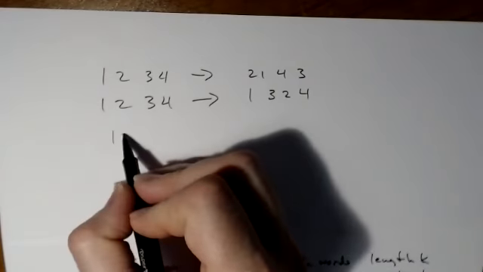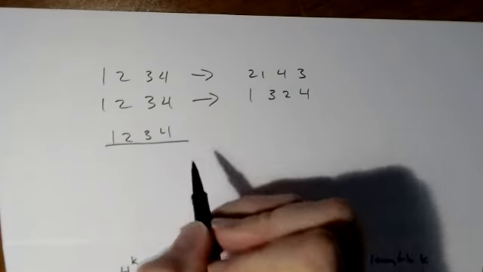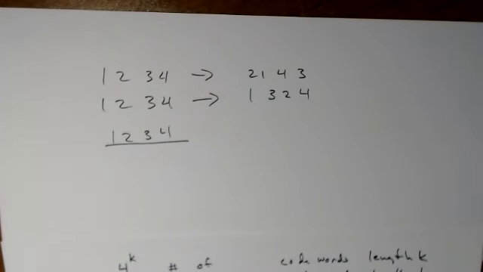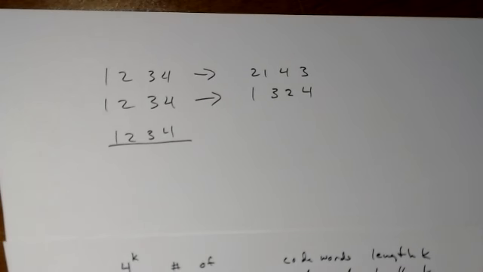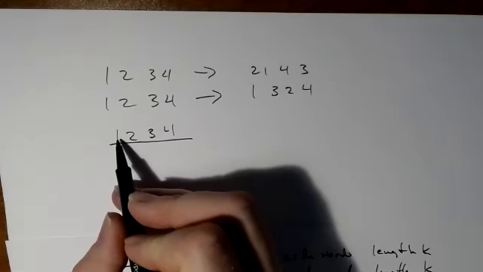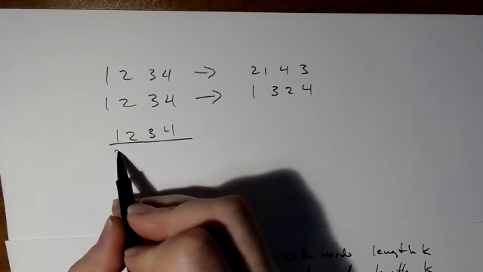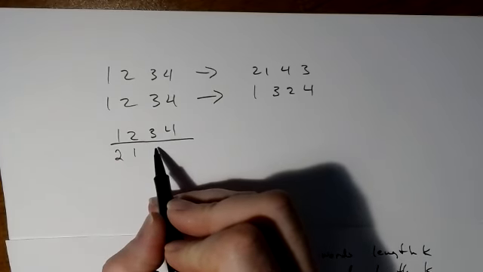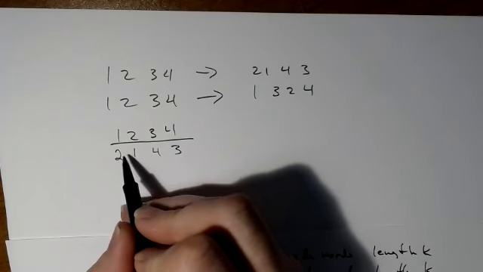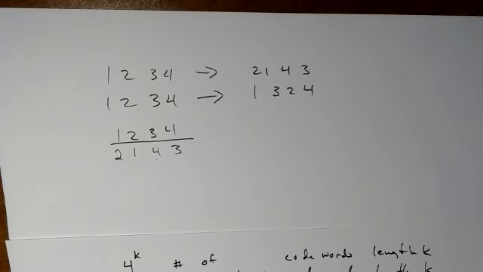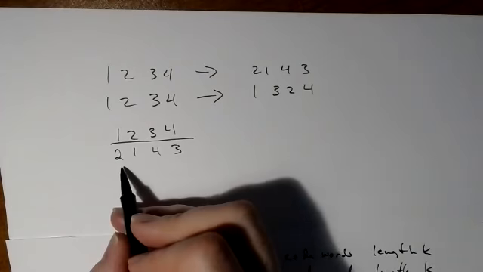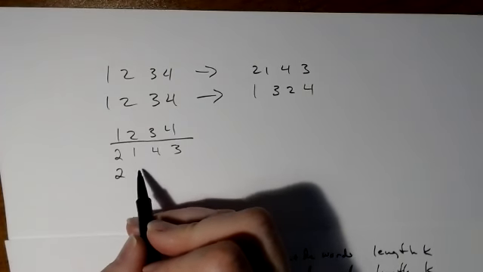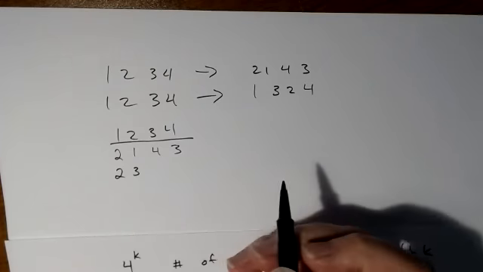So if we start with 1, 2, 3, 4, let's go through in order. 1 cannot be here, so this could be a 2. And I could have 1 and then 4, 3. So this one exchanges the 1 and the 2, so I don't have any choices about what I do with the rest. But if I put a 2 here and I don't put the 1 here, then I could put the 3 there.